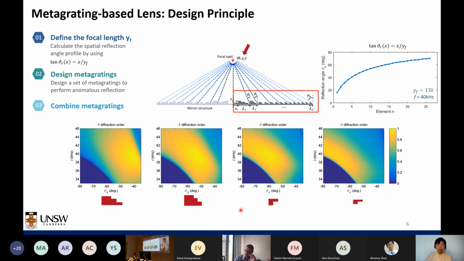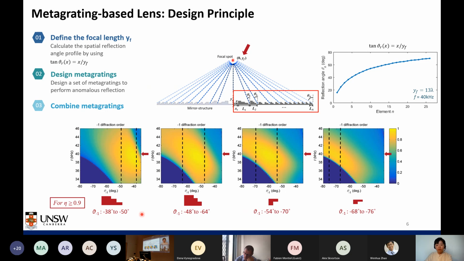Taking advantage of the wide angle coverage of this proposed metagrating structure, 4 scatterer designs are already enough to provide effective beam steering with efficiency larger than 0.9 for refraction angles from -38 degrees to -76 degrees at 40 kilohertz.